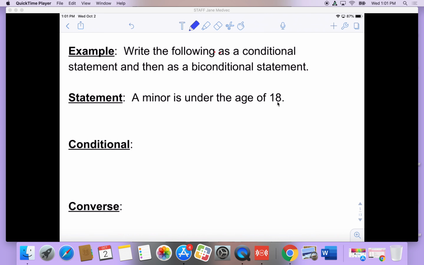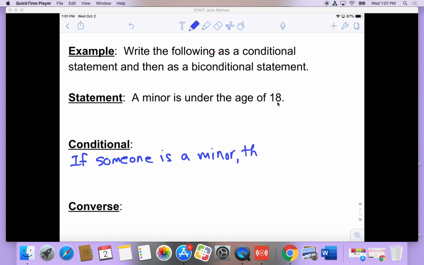So here it says, a minor is under the age of 18. We need to do an if-then statement. So I'm going to go if what? If someone, or you, whatever you want to do, someone is a minor, what goes next?